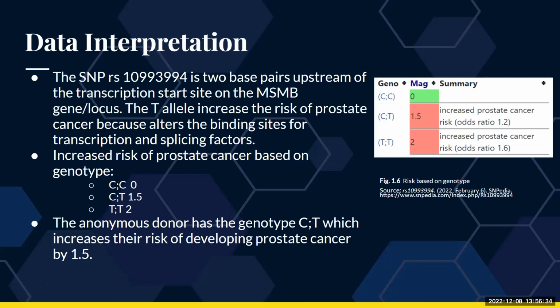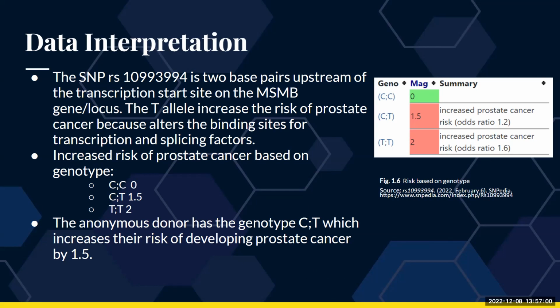The SNP RS10993994 is located 2 base pairs upstream of the gene transcription start site. The T allele on the gene is associated with an increased risk of developing prostate cancer because the T allele changes the transcription and splicing factor binding sites. On the right side, figure 1.6 summarizes the risk of developing prostate cancer based on genotype.